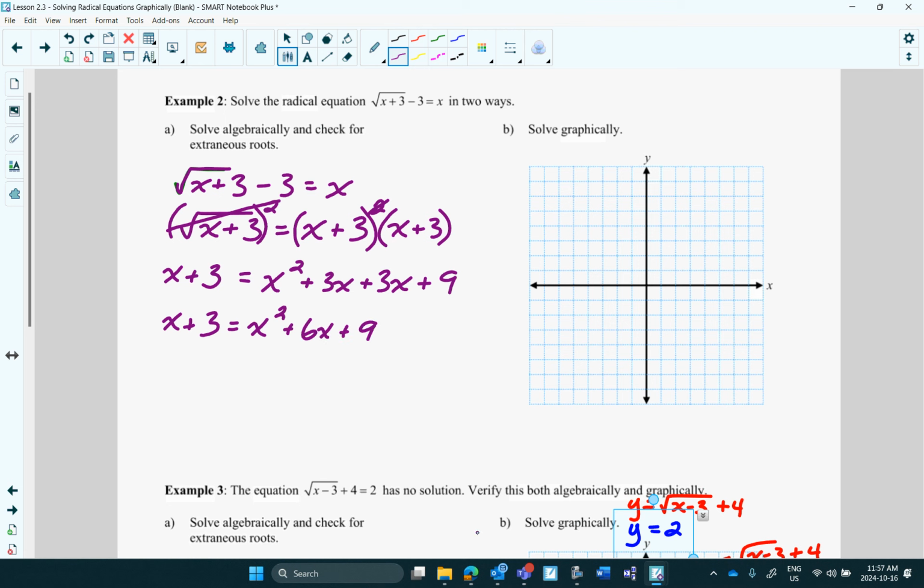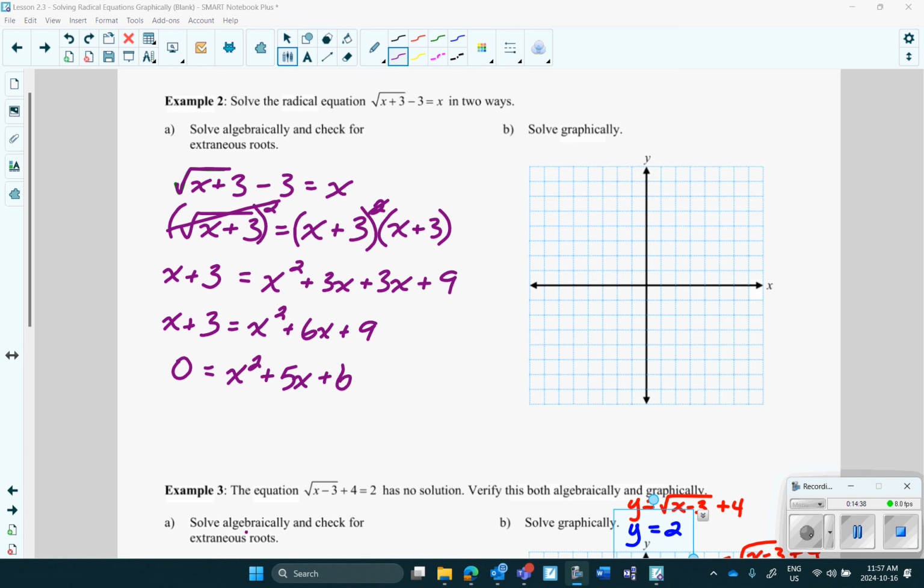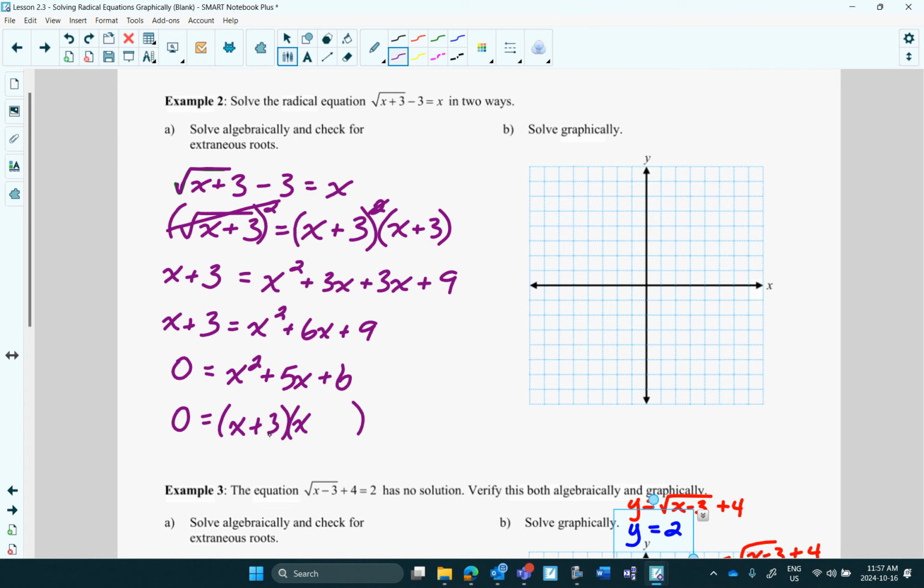When I move the x over here and the 3 over here, it's going to be 0 equals x squared plus 5x plus 6. Now you've got to factor. Plus 2, plus 3, or plus 3, plus 2.